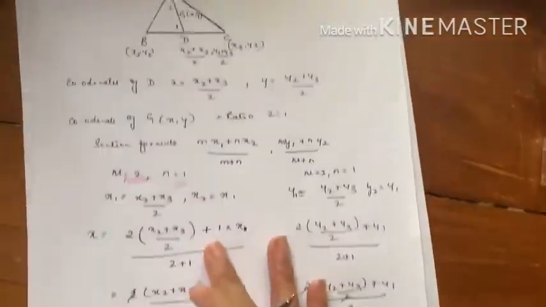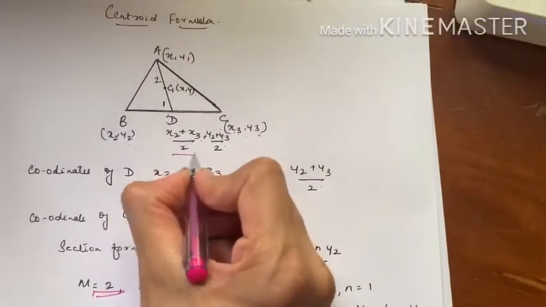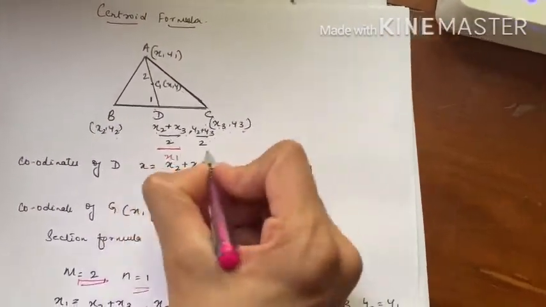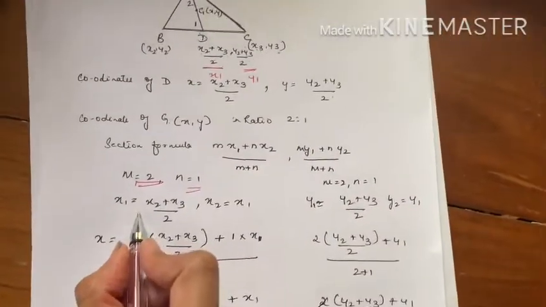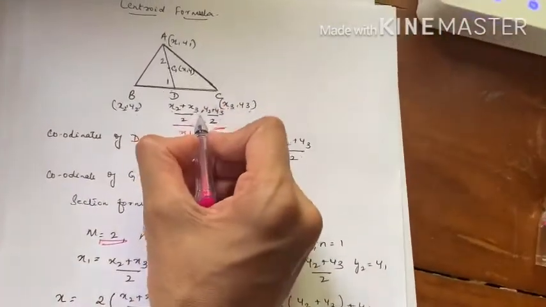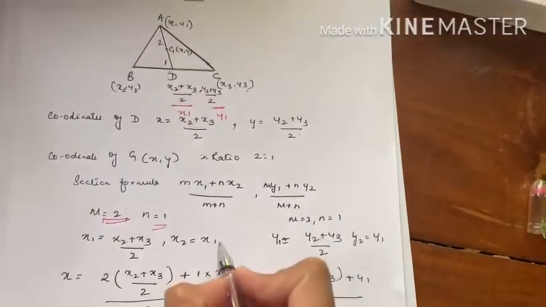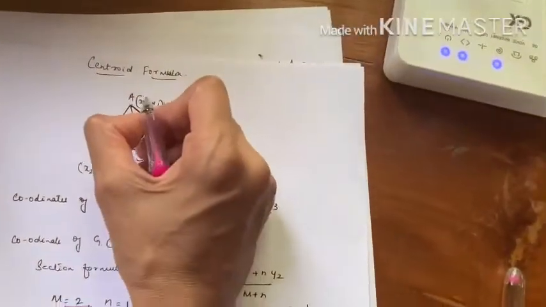And what is our x1? Let me take this. This will be our x1 and this will be my y1, right? So your x1 is nothing but x2 plus x3 divided by 2, and your x2 is nothing but your x1 now.